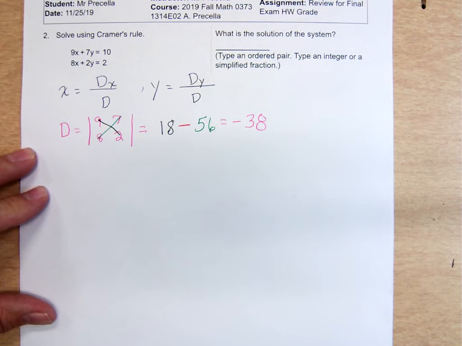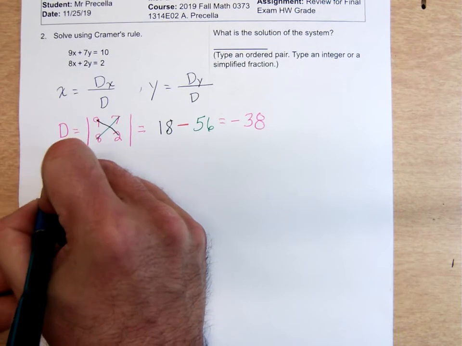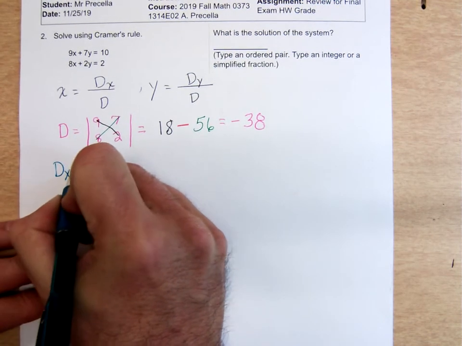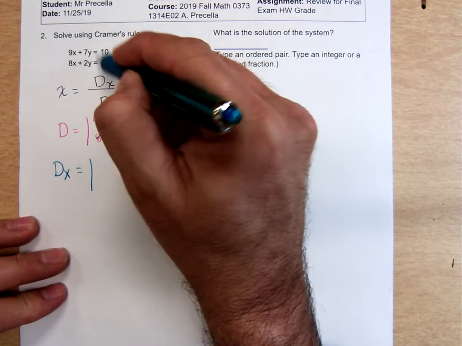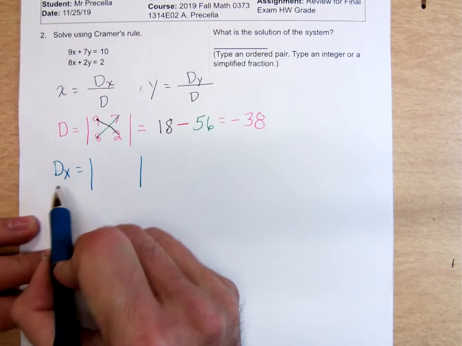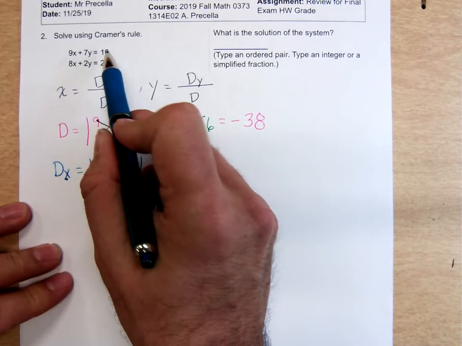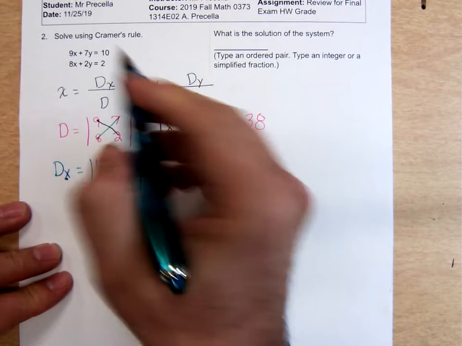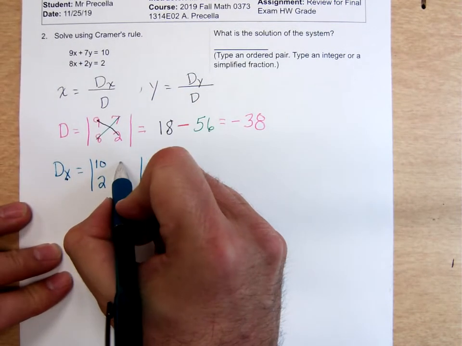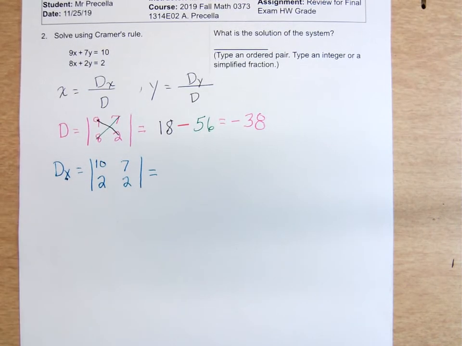Now let's find dx. What the heck is dx? Well, whatever the subscript is, that's the column that gets replaced with the constants. Okay? So we're going to replace the x column with the 10 and 2. The y column stays 7 and 2. Do the little crisscross again.